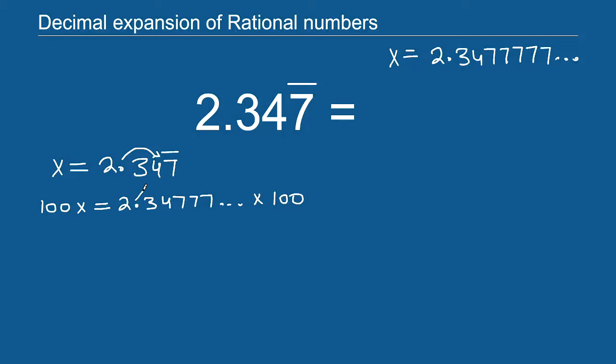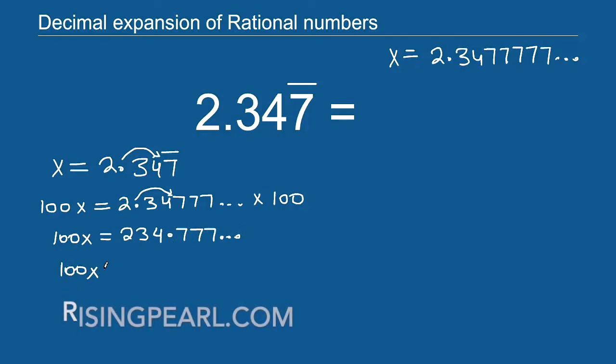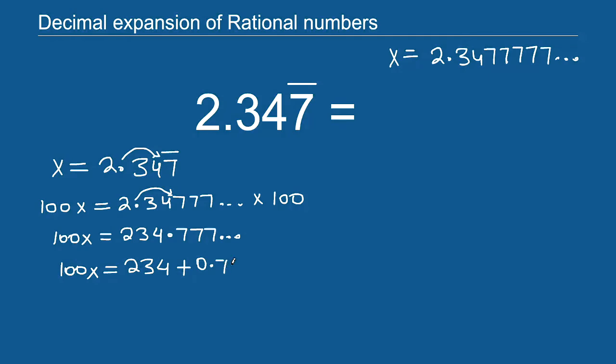This will help us move the decimal over here, right? So we will get 100x equal to 234.777 like this, which we can write as 100x equals 234 plus 0.777 like that.